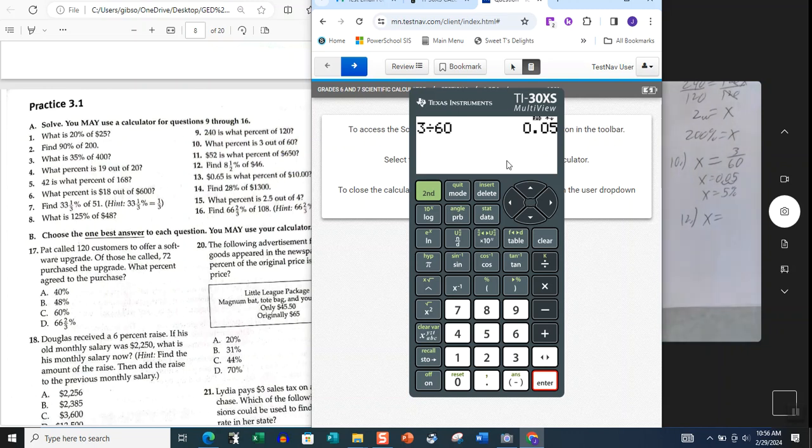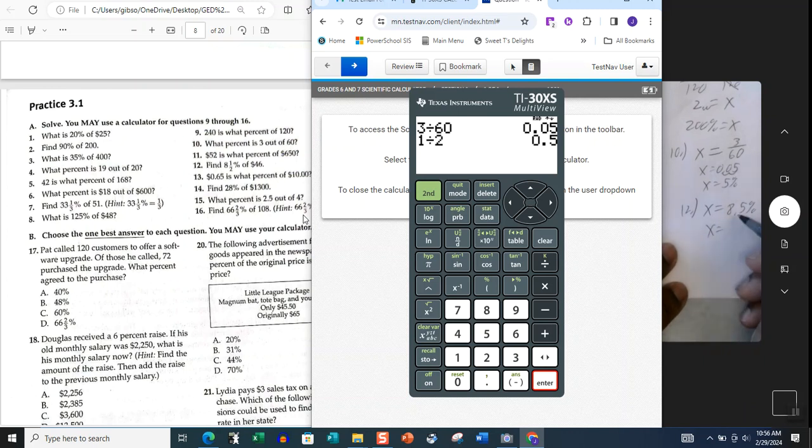Since we know 1/2 is 0.5, so really this is 8.5%. Of is multiplication, and $46 is just $46. So x is equal to 8.5%. We'll move this decimal 2 places to the left. So it'd be 0.085 times $46.